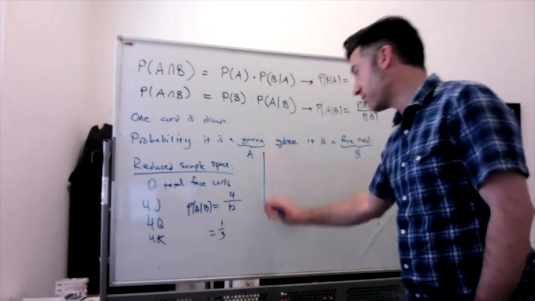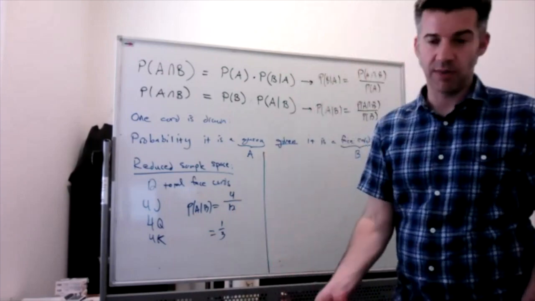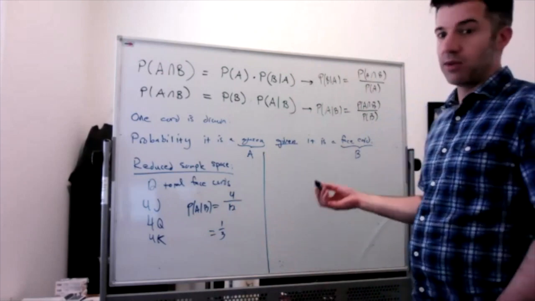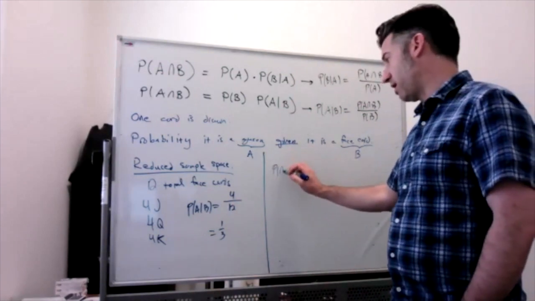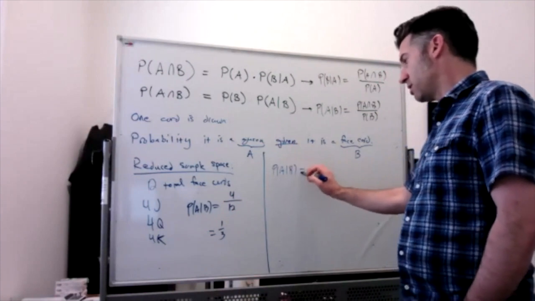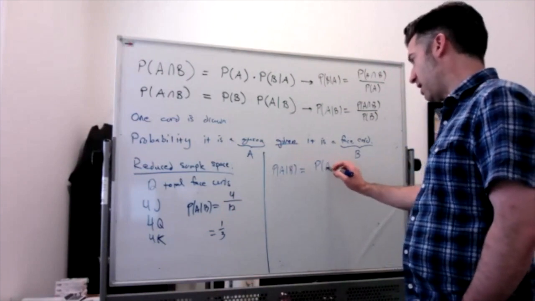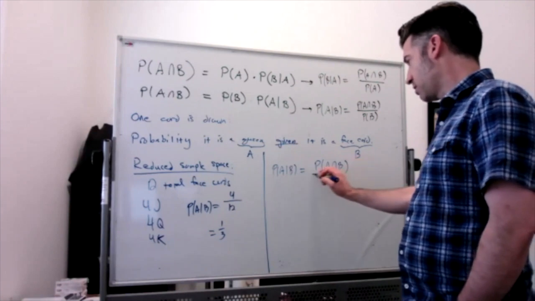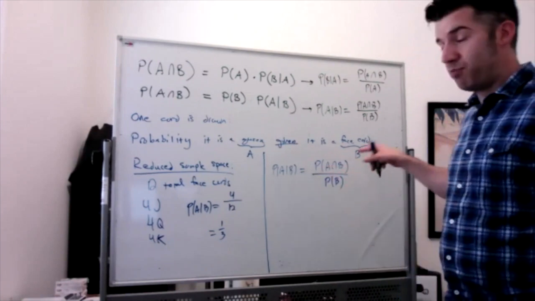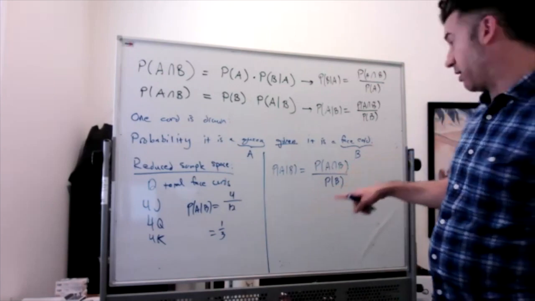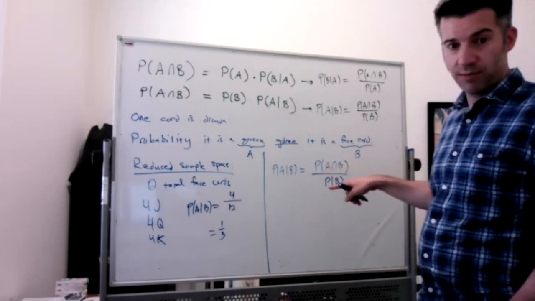Alternatively, it's going to feel very much the same, but it's slightly different. The other way we can calculate is we can use the formula. The probability of A given B is the probability of A intersect B divided by the probability of B. The probability of A intersect B is the probability of being a queen and a face card.